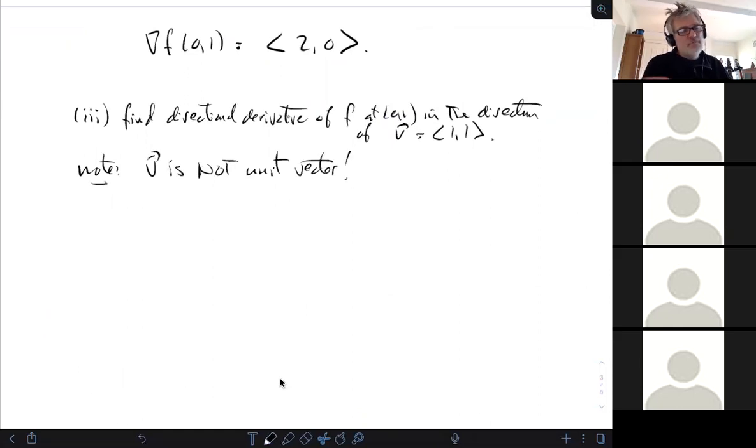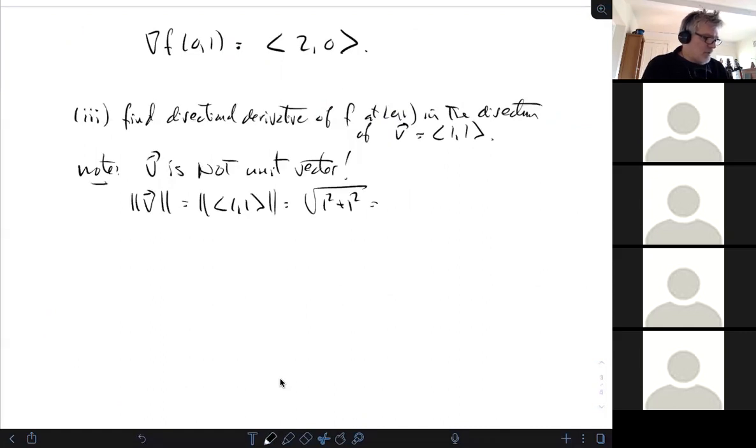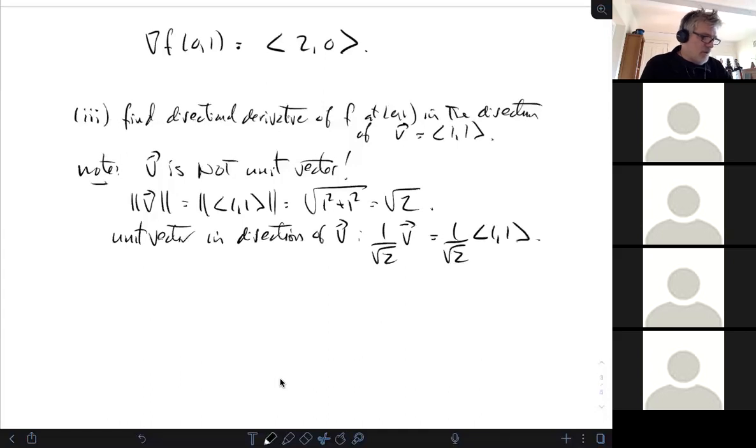Okay, so what do you do? You make it a unit vector. So you compute its length. What's the length of v? It's the length of the vector 1, 1. That's the square root of 1 squared plus 1 squared, the square root of 2. So now I find my unit vector in the same direction. It will be 1 over root 2 times v, which is 1 over root 2 times (1, 1). Okay, so this will be the vector u I can use for my directional derivative.